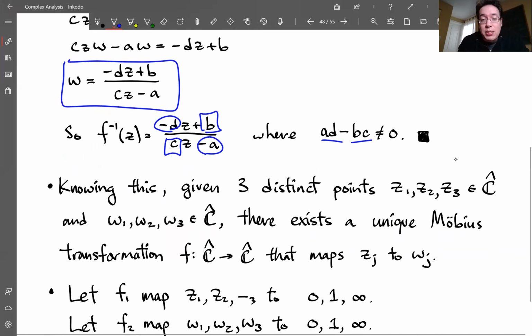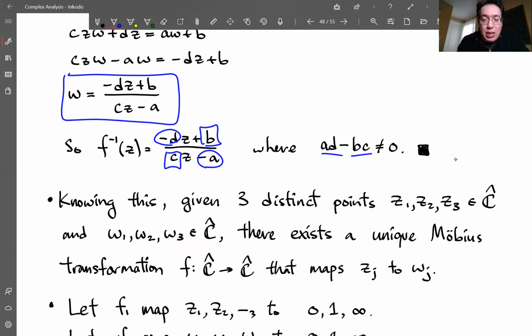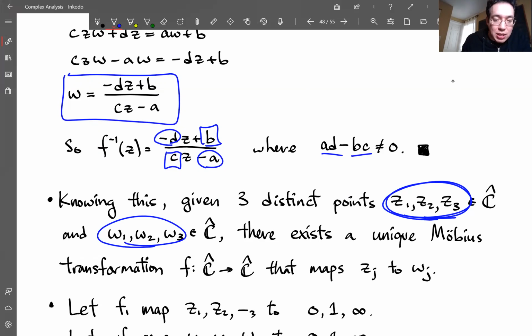Okay, so the next thing I want to do is to extend the result that we claimed last time. We had a formula to map 3 points to 0, 1, and infinity, respectively. So let's take 6 different points, 2 triplets, z1, z2, z3, and w1, w2, w3.